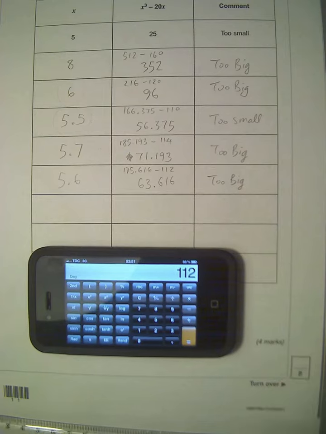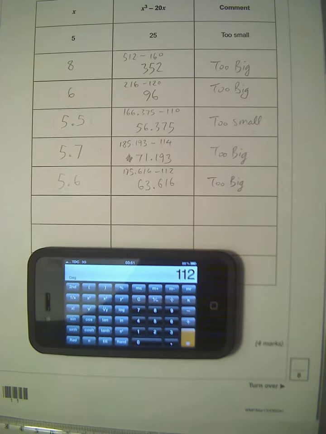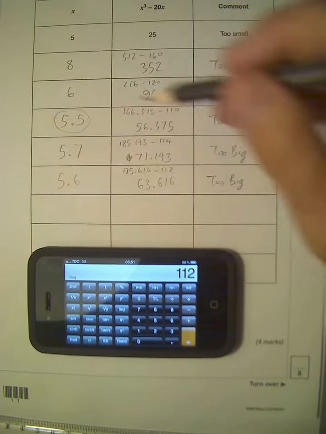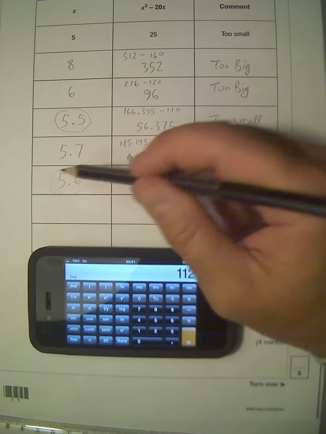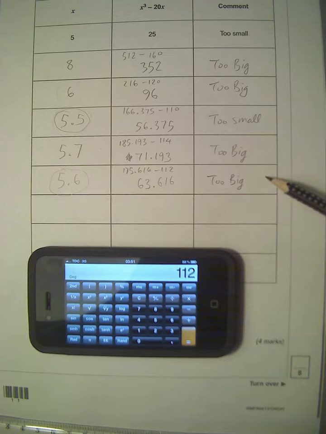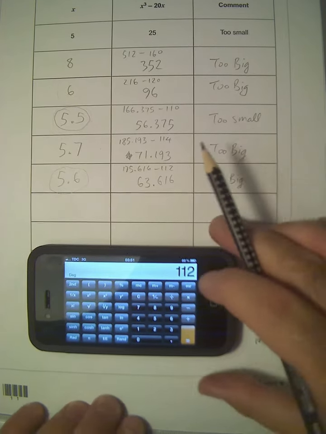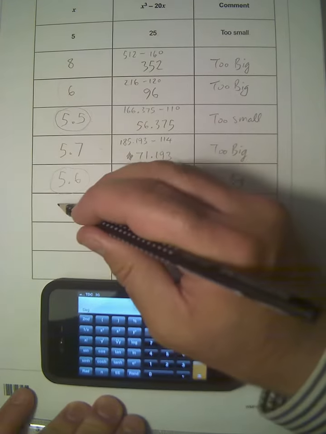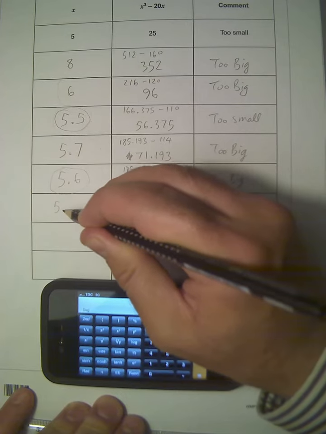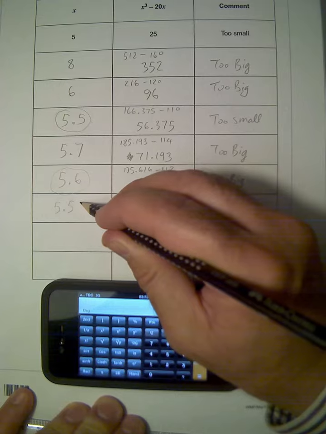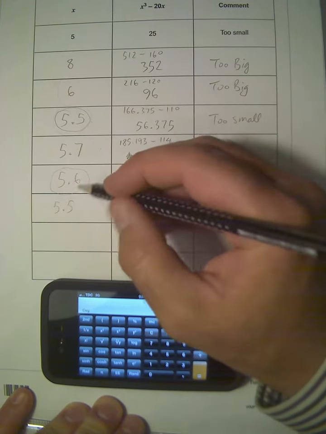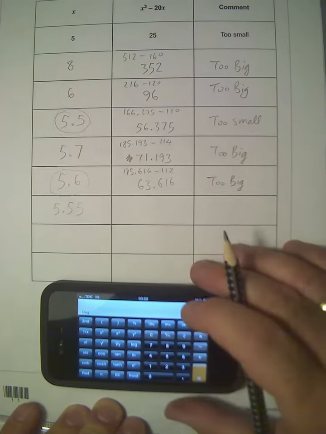So we're trying to get the answer correct to one decimal place, and we know that 5.5 gives you something that's too small, and 5.6 gives you something that's too big. So we need to just go to the second decimal place to be sure of the answer to the first decimal place. So we'll go between 5.5 and 5.6. We'll go 5.55.